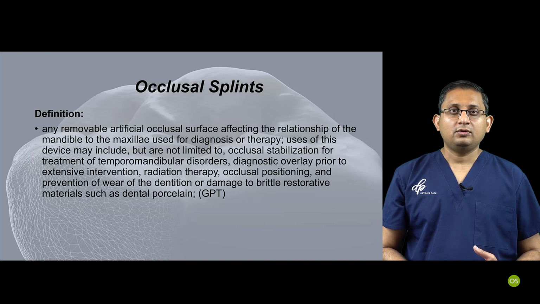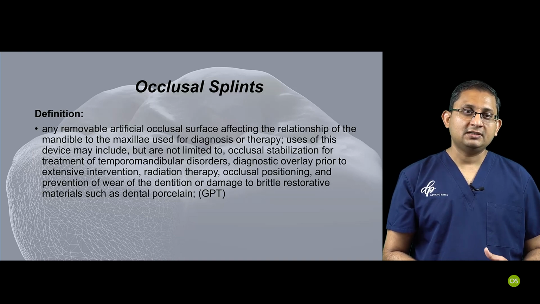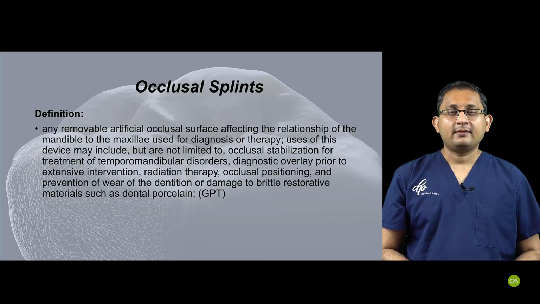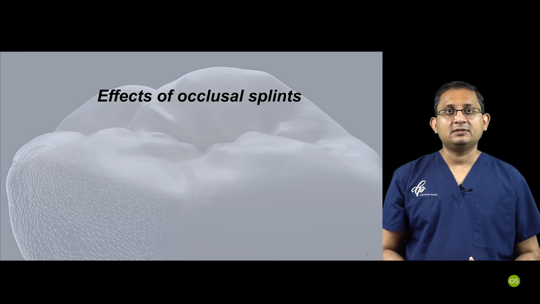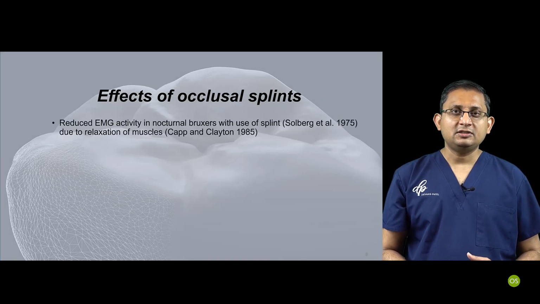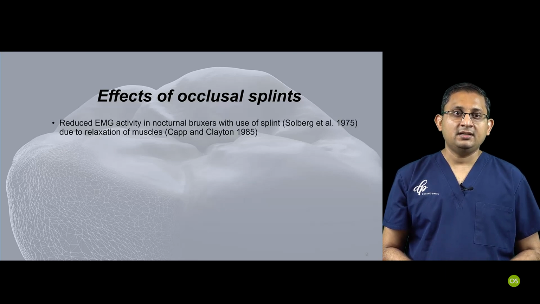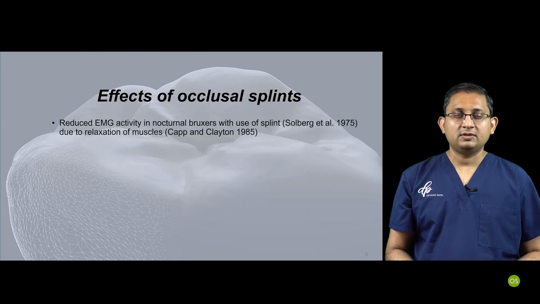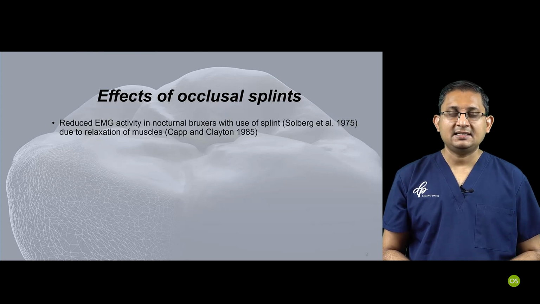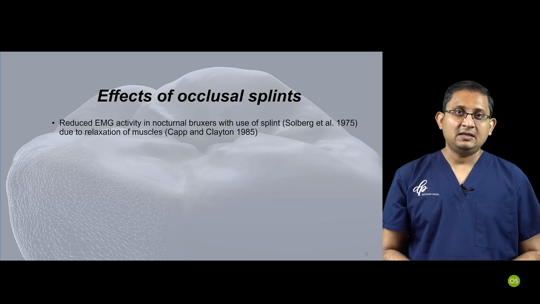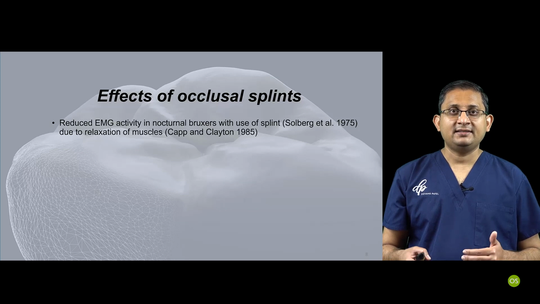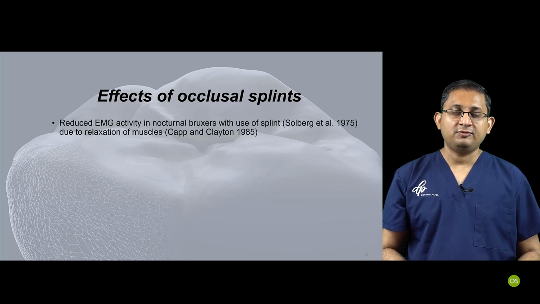So now we know what an occlusal splint is. Let's look at the effect of occlusal splints. An occlusal splint is known to reduce EMG activity in nocturnal bruxers. So people who brux their teeth at night time, it reduces the EMG activity. What that suggests to us is the muscle activity is less when the patient bruxes with the splint in their mouth.